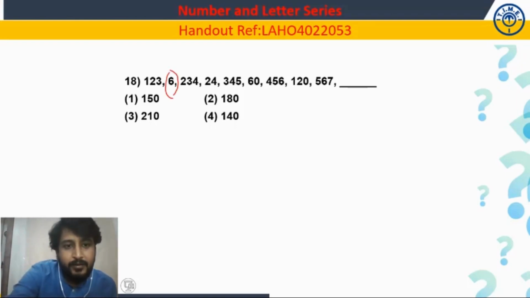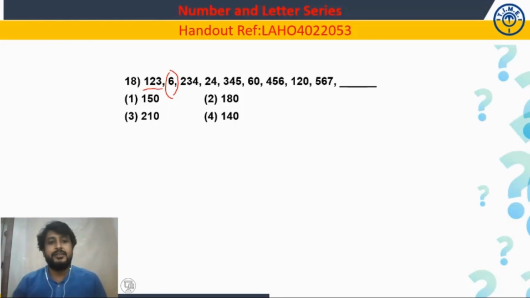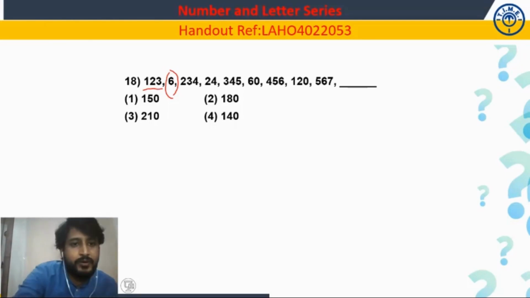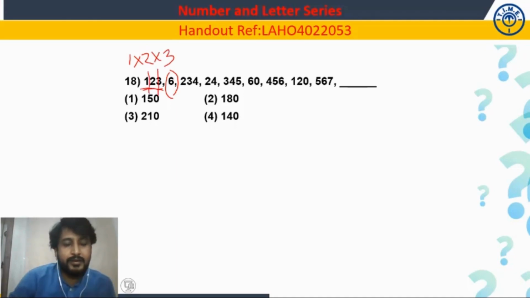This number is obtained by doing the product of these 3 digits, 1 into 2 into 3. Given number is 123 and the product of the digits in 123 is 1 into 2 into 3, which is equal to 6.